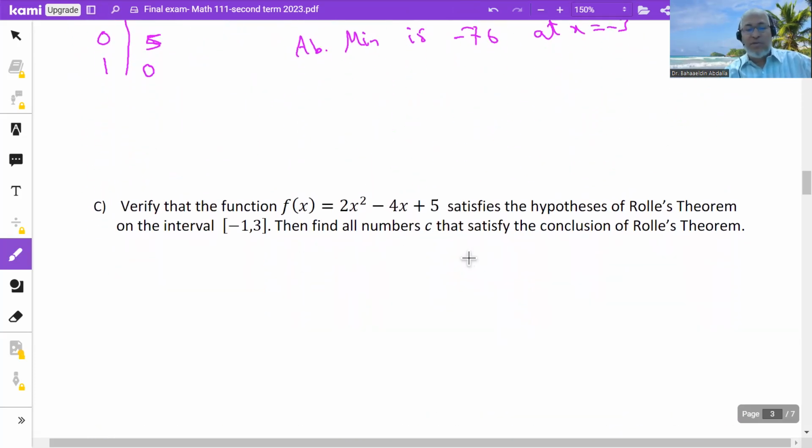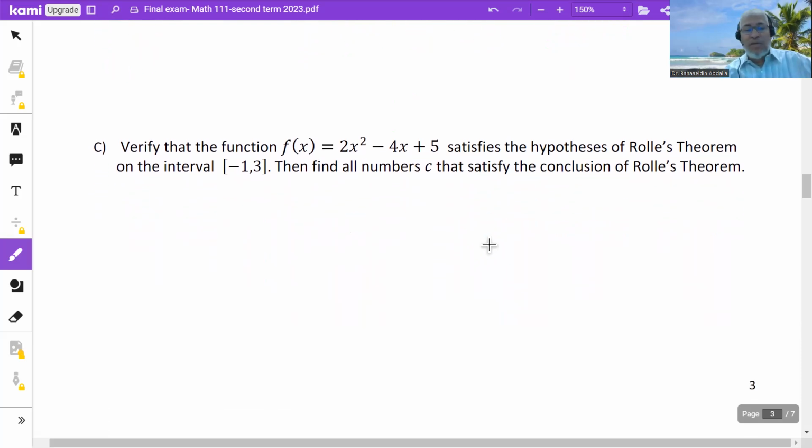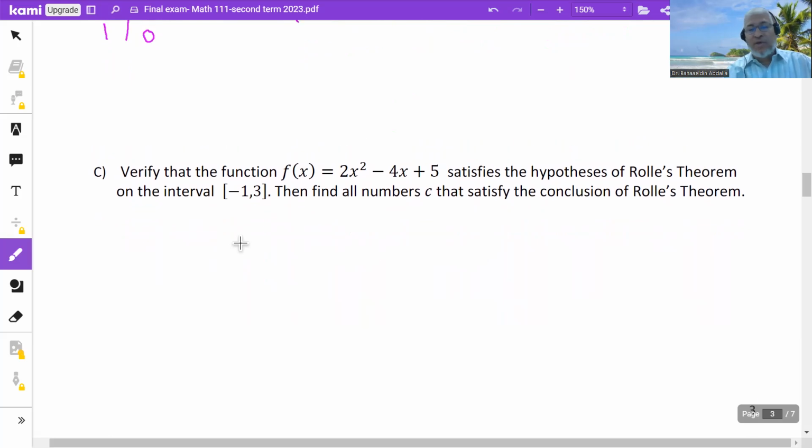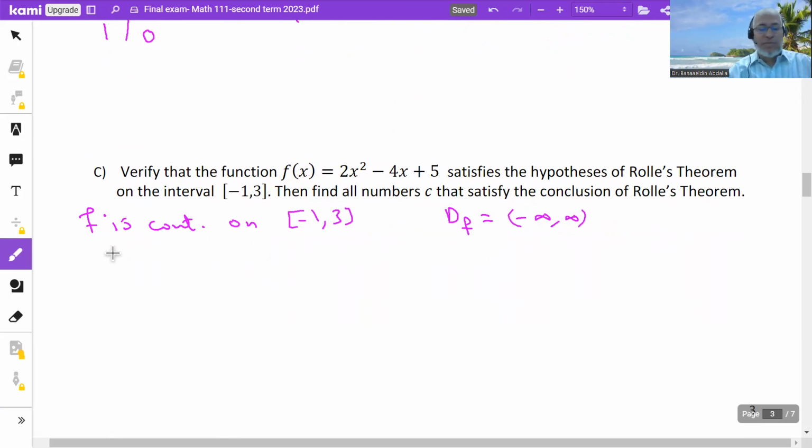Verify that the function satisfies the hypotheses of Rolle's theorem on this interval. Rolle's theorem has three conditions, three hypotheses. It says that the function has to be continuous on the interval. And of course, this is correct because the domain of f here is all real numbers, because the function is a polynomial.